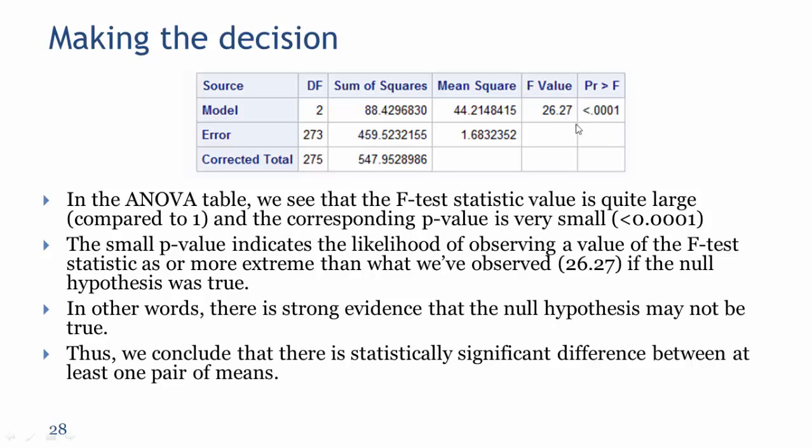So the likelihood of observing this value if the null hypothesis were true is really small. So that indicates that our null hypothesis might not be true. Okay, so there is strong evidence that the null hypothesis may not be true. So therefore we conclude that there is a statistically significant difference between the mean values, between at least one of the pairs of the means.